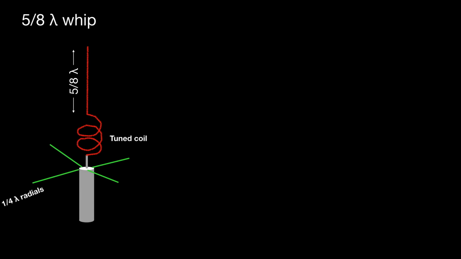The 5/8 whip. Remember that in order to get a reasonable match, it's better to have a multiple of a quarter wave, and 5/8 is not a multiple of a quarter wave. So the electrical length of the 5/8 is increased due to the inductance of the tuned coil there.